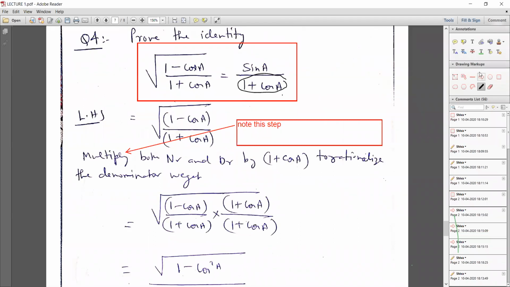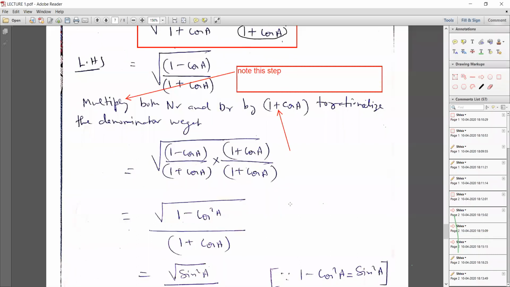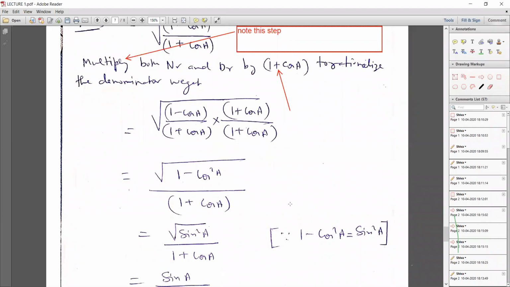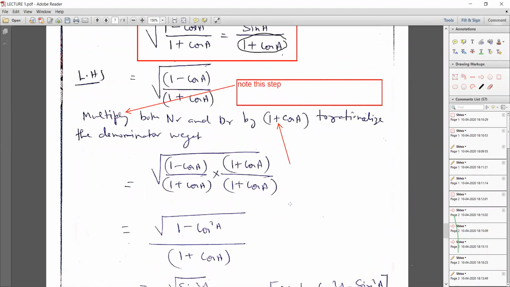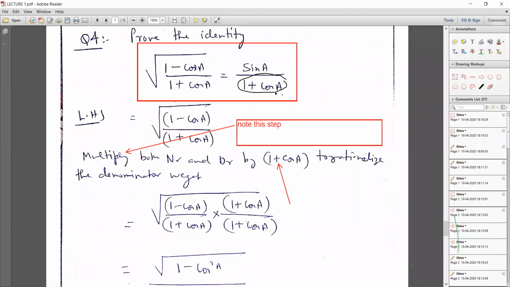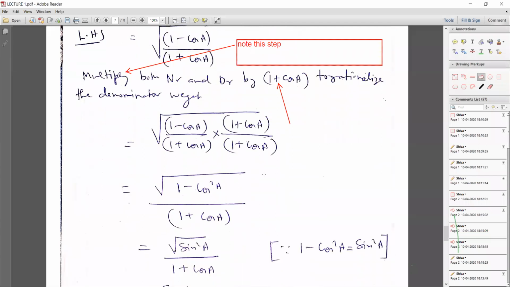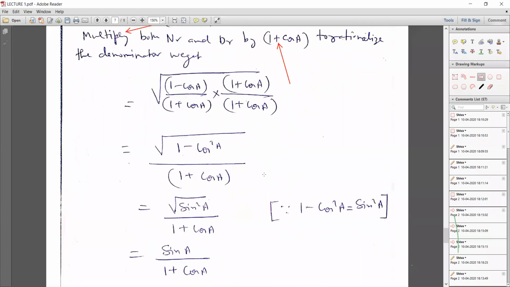So under root 1 minus cos A upon 1 plus cos A is already written, and I am multiplying by 1 plus cos A upon 1 plus cos A. In this case I have multiplied because I was keeping an eye on the right hand side. If I multiply both numerator and denominator by 1 plus cos A, it will not make any difference.